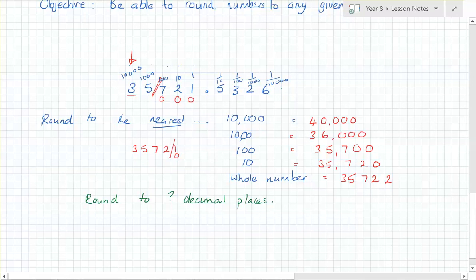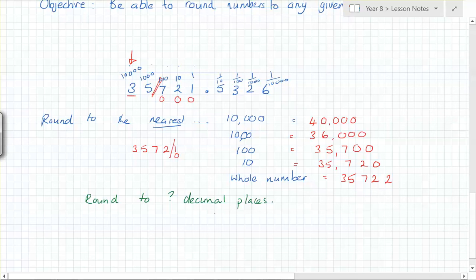So this number is currently given to an accuracy of 4 decimal places, or to the nearest 10,000th. So I could say to the nearest 100th or the nearest 1,000th or so on.